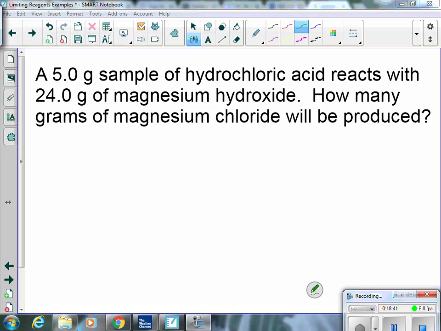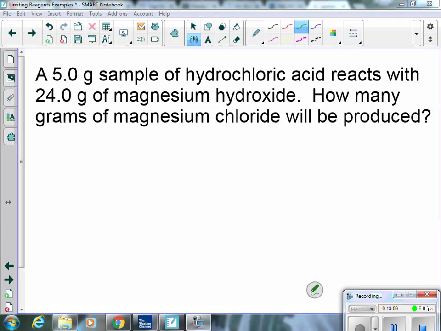Okay, now that you have this copied down, it says a 5.0 gram sample of hydrochloric acid reacts with 24.0 grams of magnesium hydroxide. How many grams of magnesium chloride will be produced? Okay. This is a specific type of double replacement reaction.